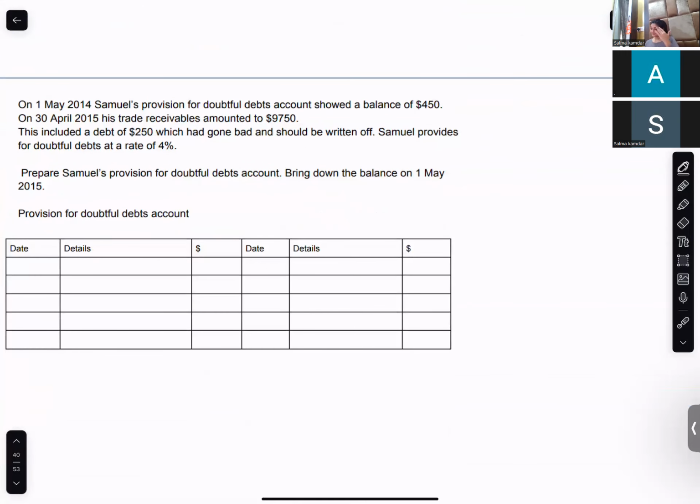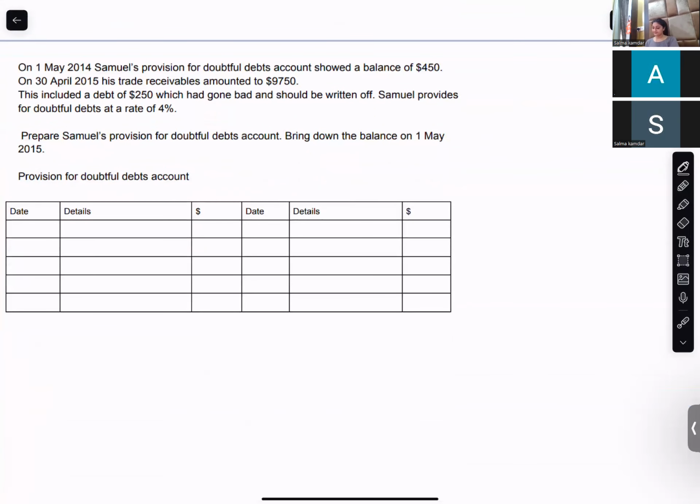Come on, read. What do we have to make? A PDD account. Which format do we follow? OCND. Old on the credit side, new on the debit side. Read: on 1st May 2014, Samuel's provision for doubtful debt account showed a balance of 450.